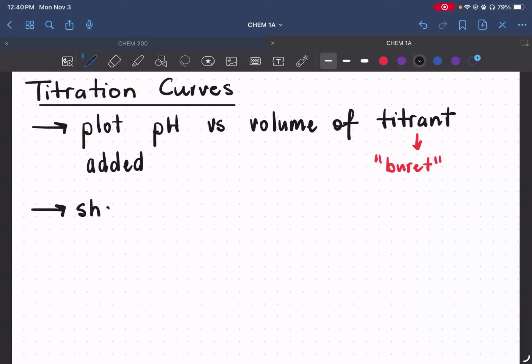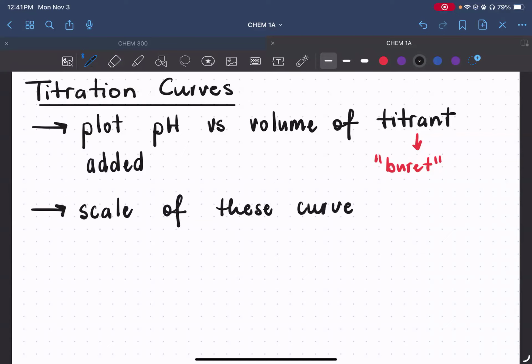The shape, or not rather the shape, let me say the scale of these curves depends on strength.